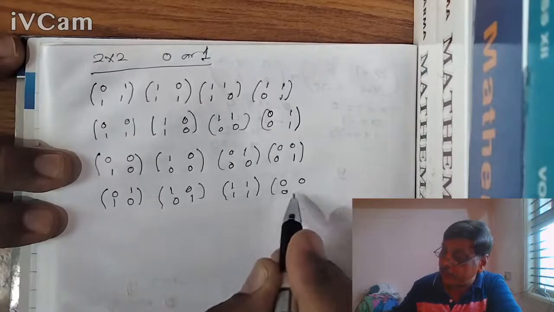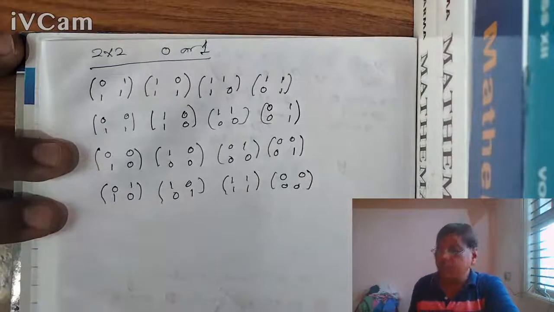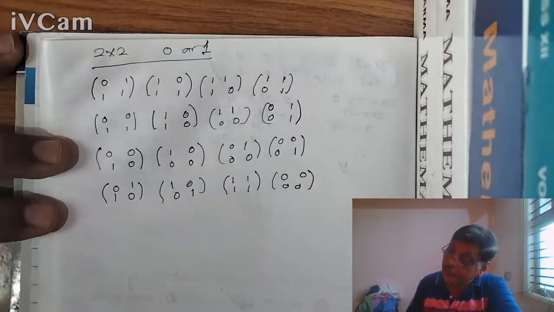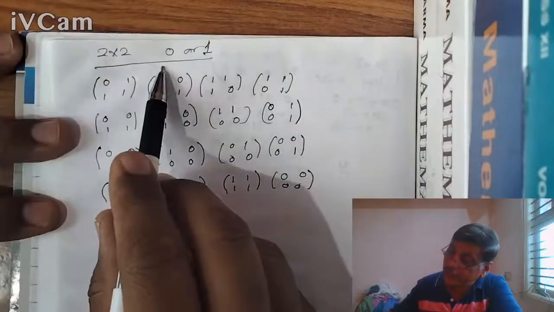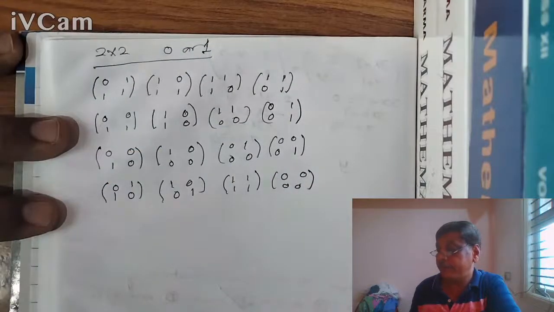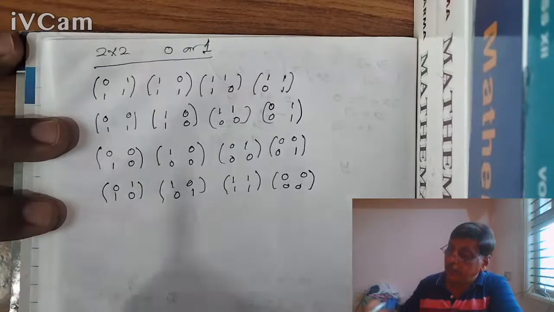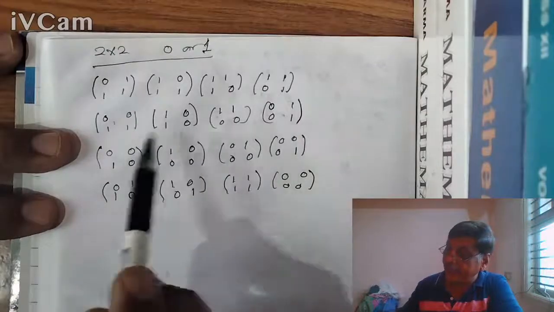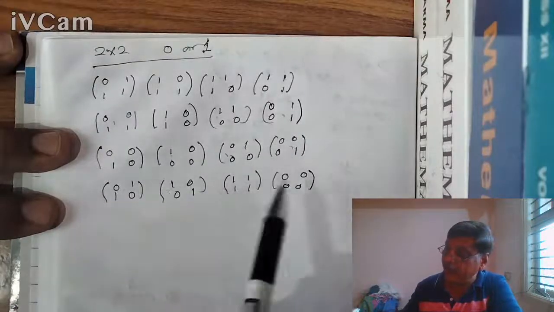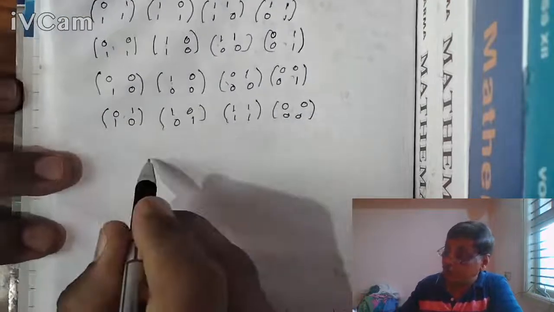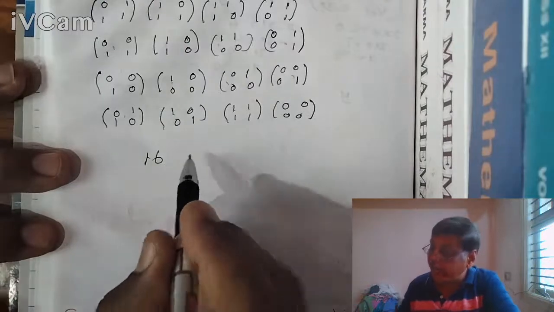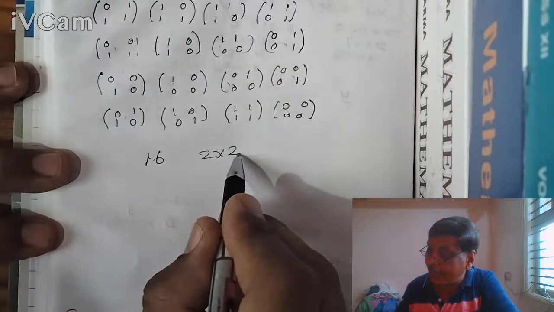Next 0 0 0 0. Do you have any idea to write other 2 cross 2 matrices with 0 or 1? No, there is no chance. How many possibilities are there? 1, 2, 3, 4, 5, up to 16. So there are 16 possibilities to write down 2 cross 2 matrices with entry 0 or 1.